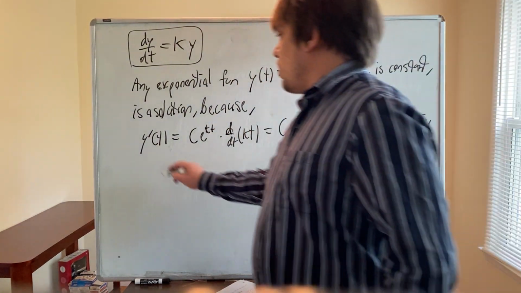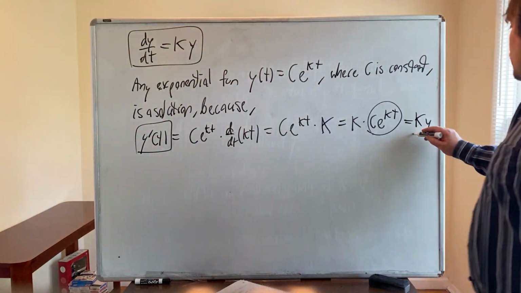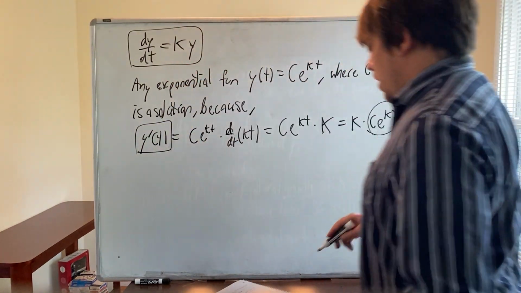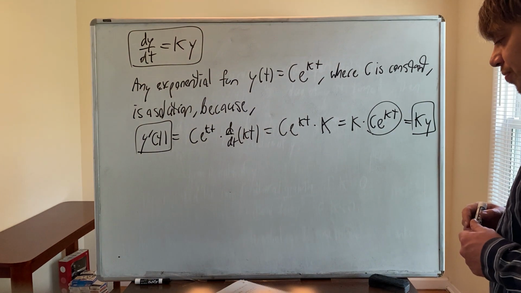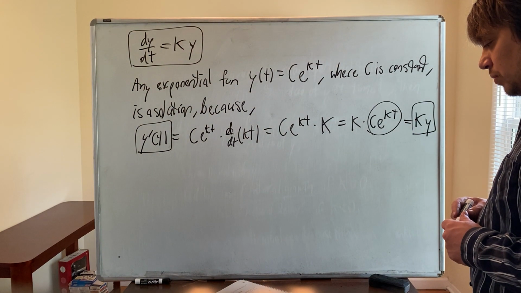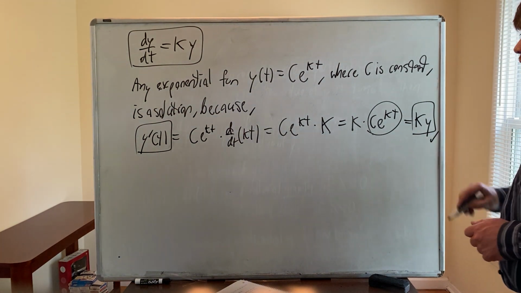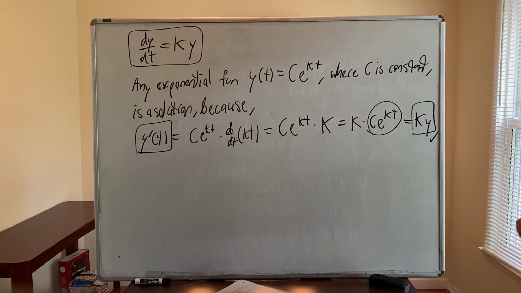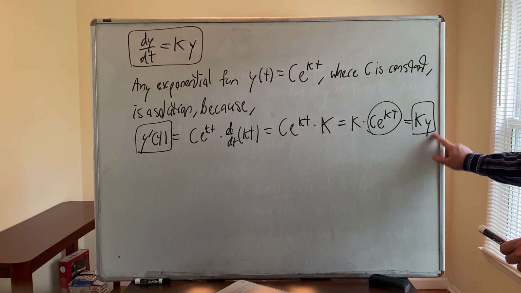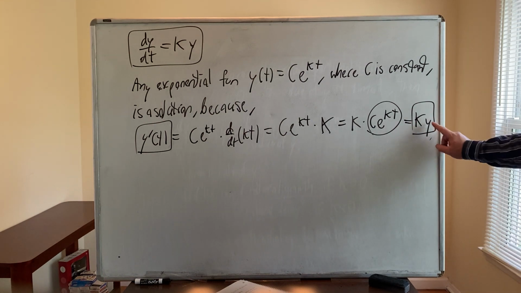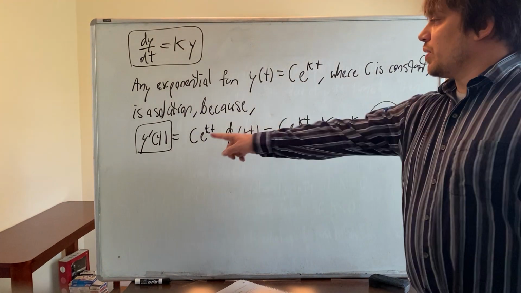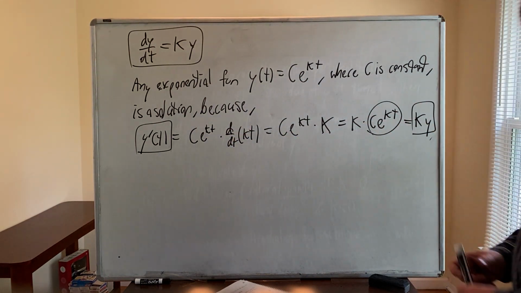And so what I just showed is that y prime of t is equal to ky, dy dt equals ky. Okay? And so we just proved that. If y is equal to that function, for any c, you get that equals that.